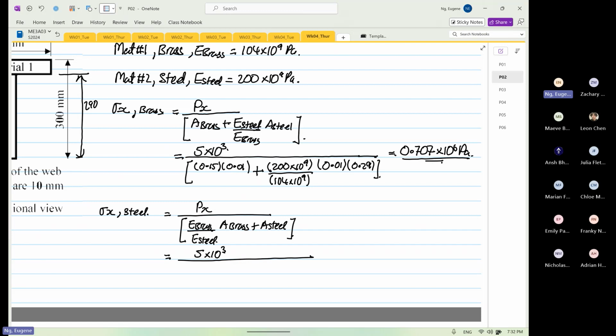Then again, you have 104 times 10 to the power 9, and then divide by 200 times 10 to the power 9, multiply by 0.15, and then we have 0.01, and then plus 0.01 multiplied by 0.29.